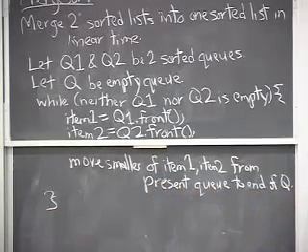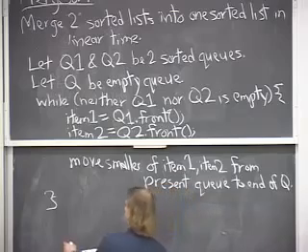And then we just take whatever's left of the other queue and concatenate it to the end of the new queue.